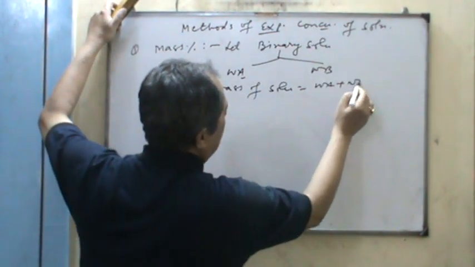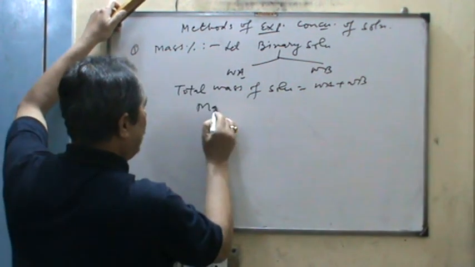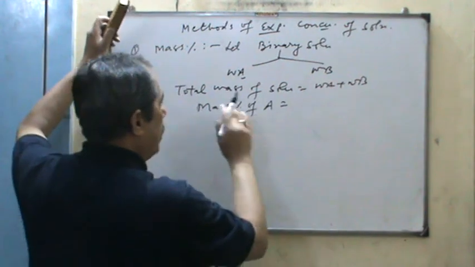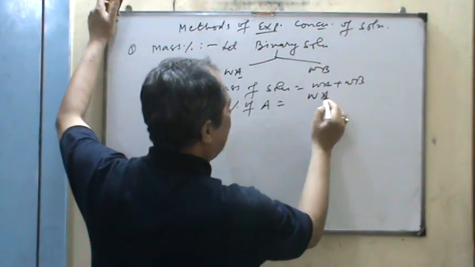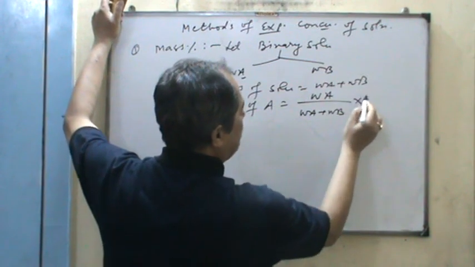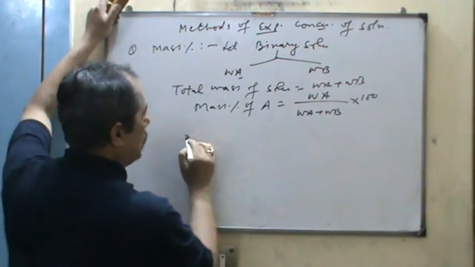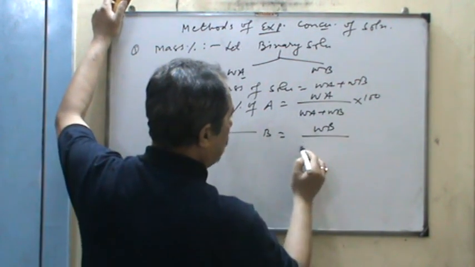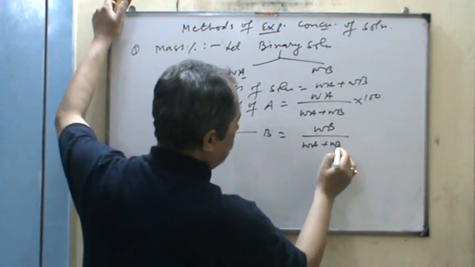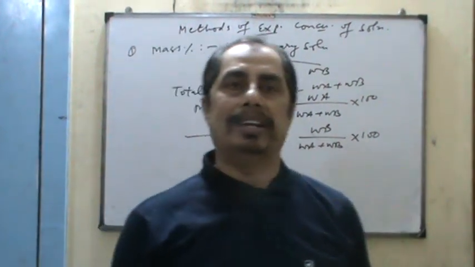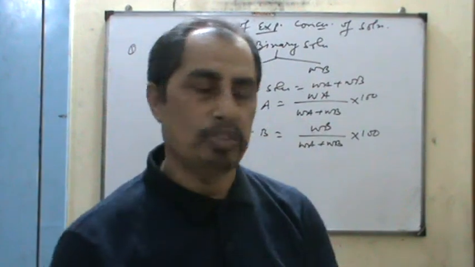WA plus WB. If we have to calculate the mass percentage of A, then it is the ratio between the mass of that component to the total mass of solution, multiplied by 100. If you calculate the mass percentage of B, again the ratio WB upon WA plus WB is to be multiplied by 100. This is the way you can calculate mass percentage.